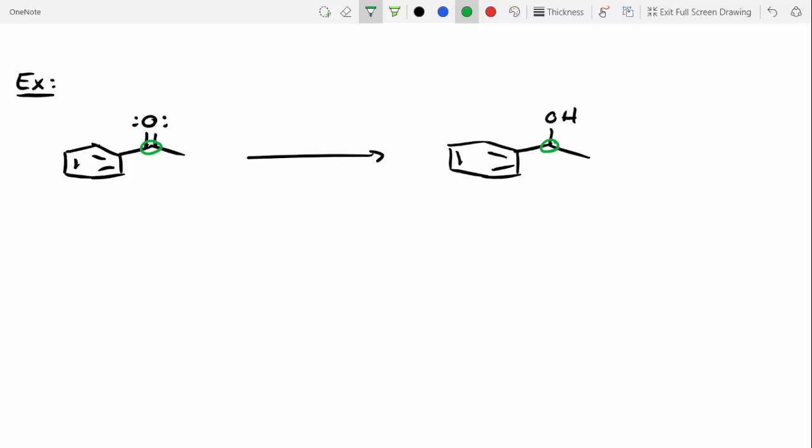So let's try to determine the oxidation state of each of these carbons and determine whether or not this is an oxidation reaction or a reduction reaction. And I'm just going to draw in the benzene ring because we know that that's going to be unchanged in this reaction.